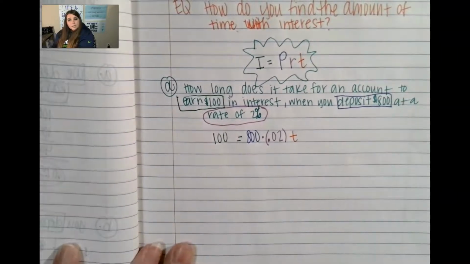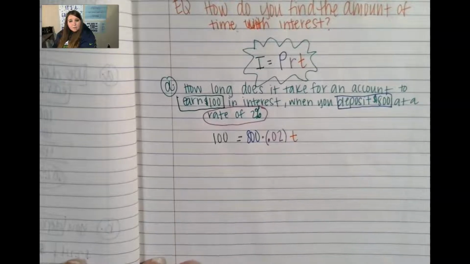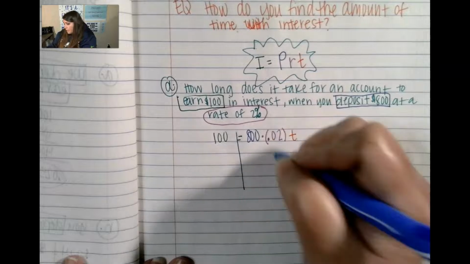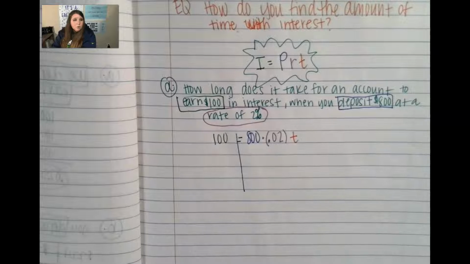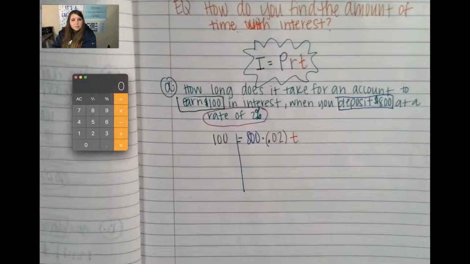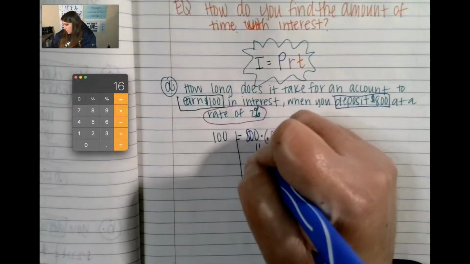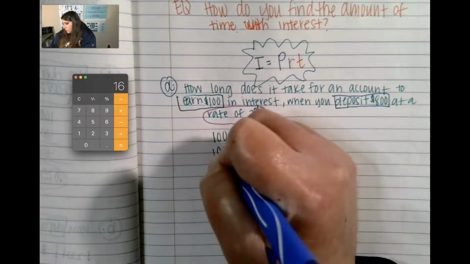So we're going to solve by combining things that are the same and isolating for the variable. So let's start on this side of our equation. We have 800 times 0.02, or 2%. So let's solve 800 times 0.02, and that gives us 16. So 16 times the time equals 100.